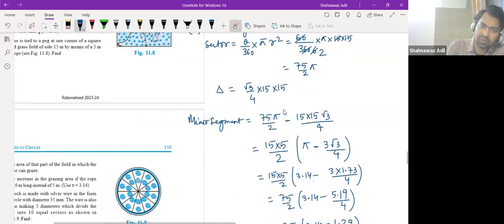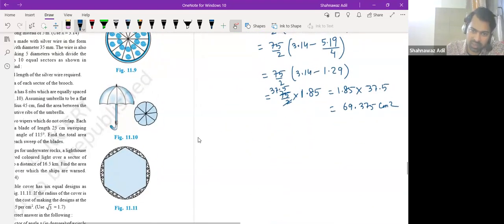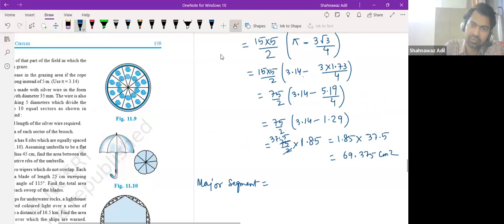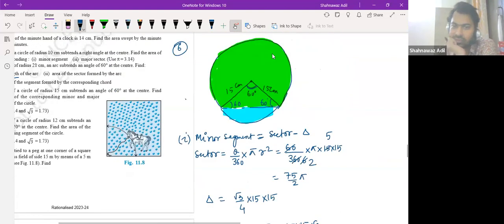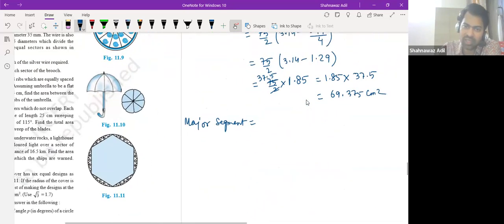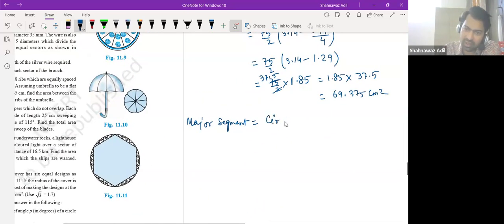And then we have to calculate the major segment. So what would be major segment? This one. What would be major segment? Area of circle minus area of minor segment. Good. So if we know the area of minor segment, then circle minus minor segment. Circle is how much? Pi r square.